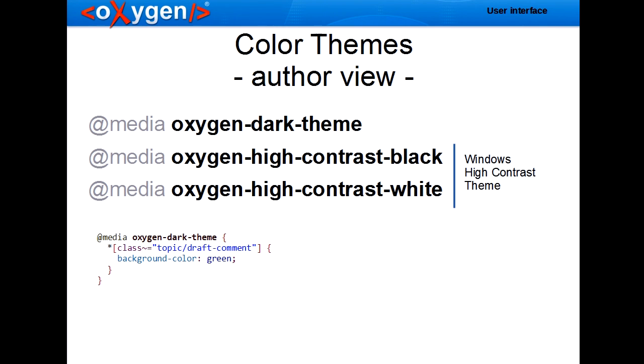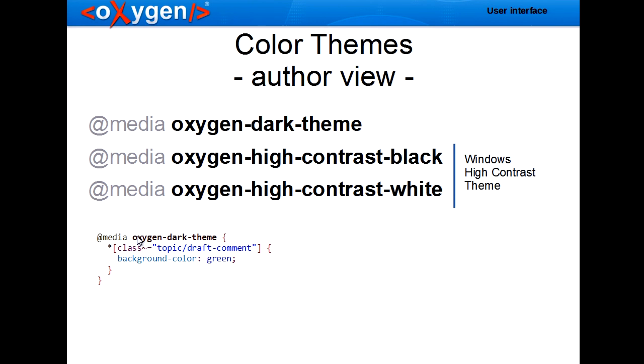And how is this done? Through supporting 3 new custom medias. So like I said, the oXygen author layout is driven by CSS rules. You write CSS rules to control how it should look, and now you can use these medias to tell it how to look on a dark theme.